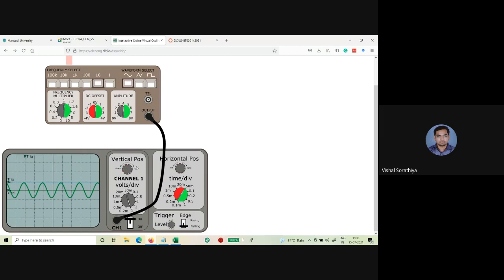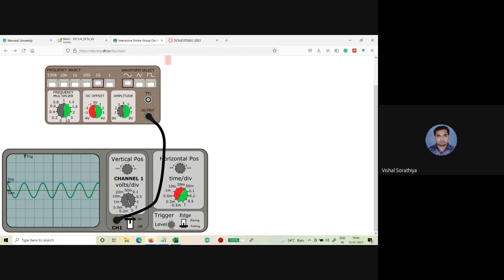Now what are this vertical position and horizontal position over here? Vertical position is going to shift your signal either to the positive side or to the negative side. This is a one channel CRO, or one channel oscilloscope we have. When you see a physical DSO, there are 2 channel, 3 channel, 4 channel, 5 channel CROs or oscilloscopes.